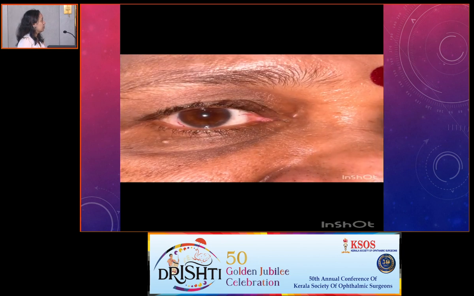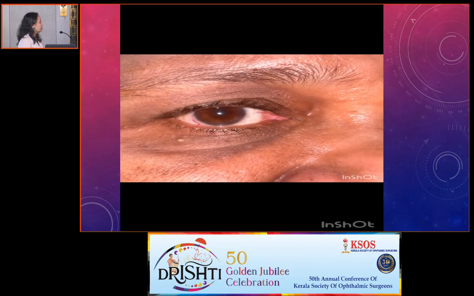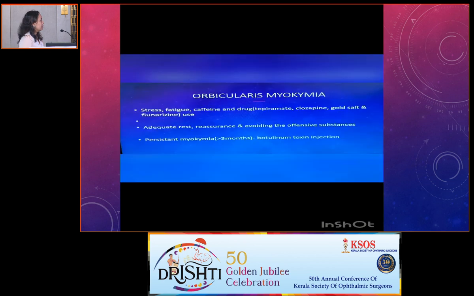So the muscle involved in this condition is the orbicularis oculi muscle, and the condition is called orbicularis myokymia. It is mainly due to stress, fatigue, caffeine and drugs like topiramate and clozapine. The key to the treatment is adequate rest, reassurance and avoiding the offending substances.